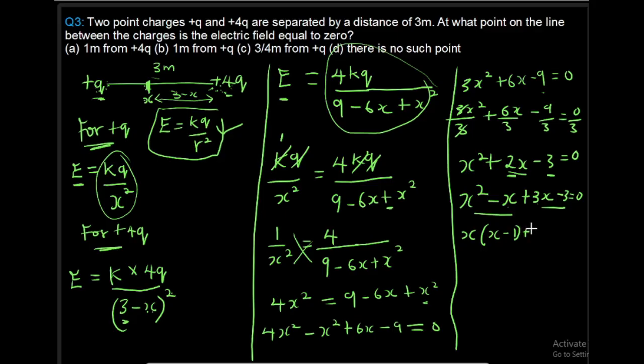So we're going to have positive 3 and then x minus 1 equals 0. So this is going to give us x plus 3 equals 0, or x minus 1 equals 0. So our final answer by factorization will be x equals minus 3 or x equals 1.